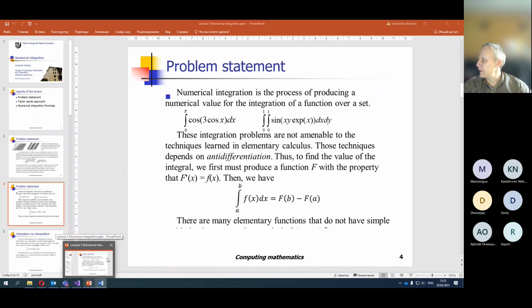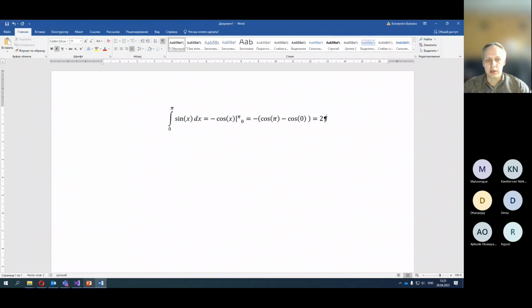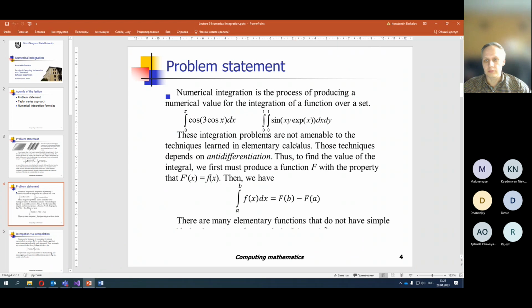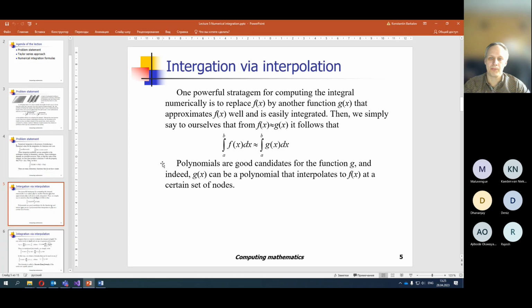But this integration we can make only in simple cases. When the function f of x is more or less complex, in this case we cannot find the antiderivative. In this case, we should suggest some formula for how to compute this value approximately. How to find the approximate value of a numerical integral.